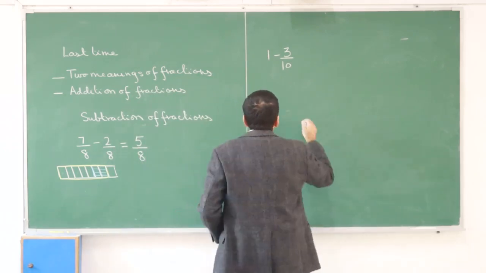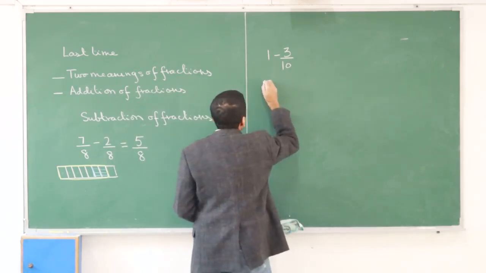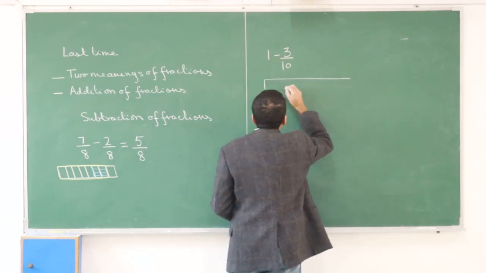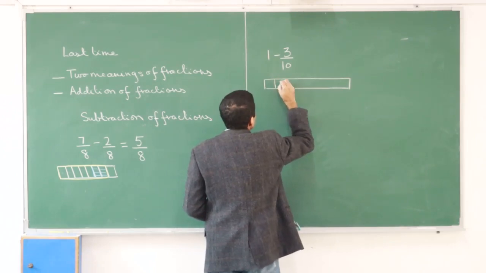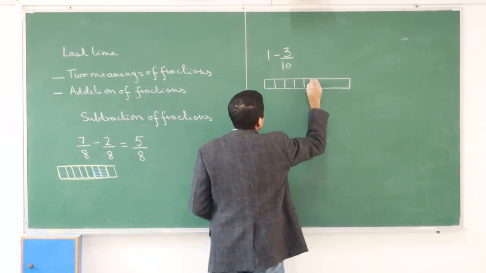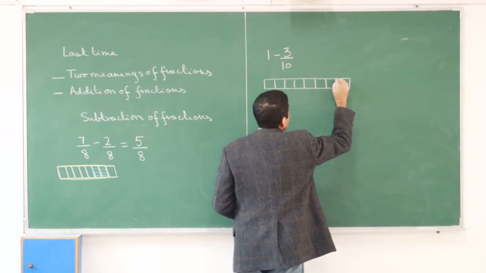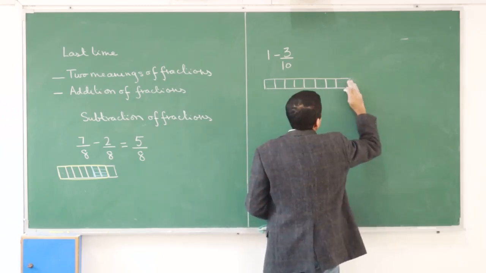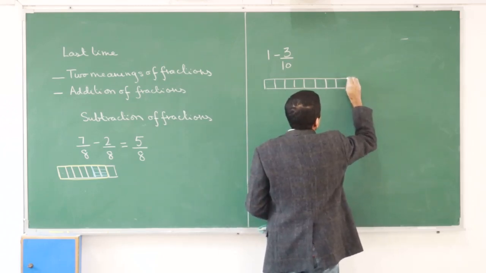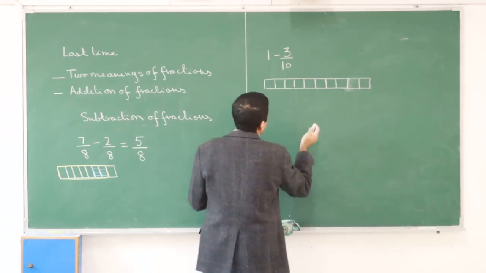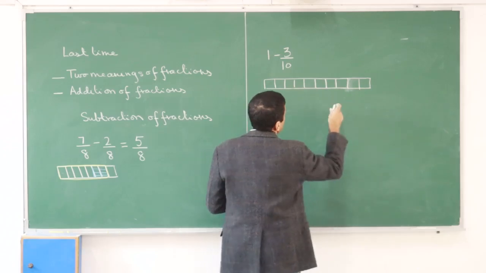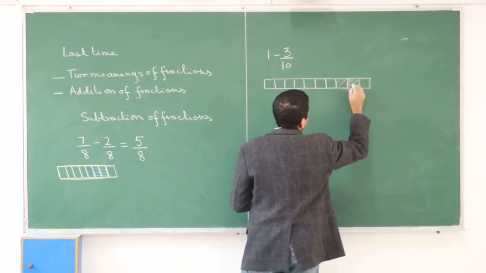So we're going to think of a whole as 10 equal pieces. 1, 2, 3, 4, 5, 6, 7, 8, 9, 10. So I have 10 equal pieces, and I'm going to take away 3 of them.